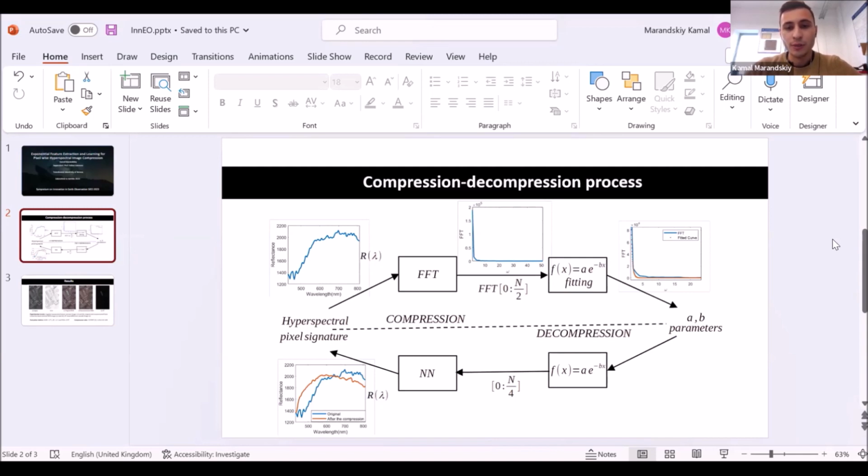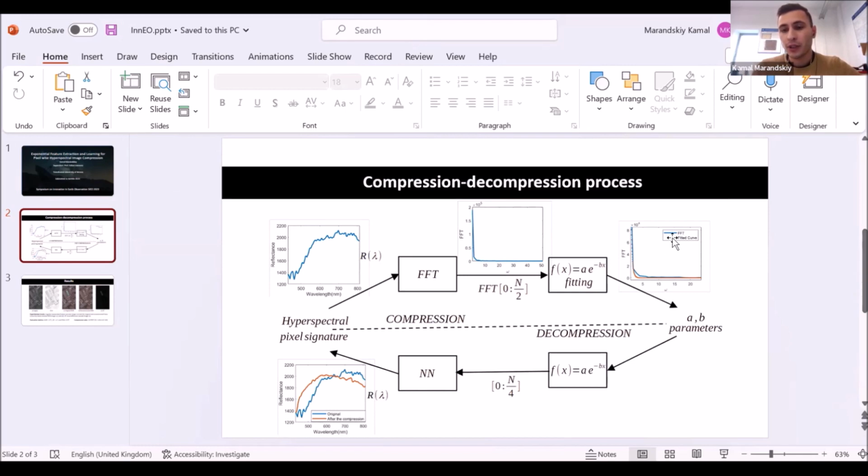The first step is to convert the signal from its domain to a frequency domain by applying a fast Fourier transform, and thus we get a Fourier spectrum. After that, we use a negative exponential function in order to obtain the parameters from this spectrum.